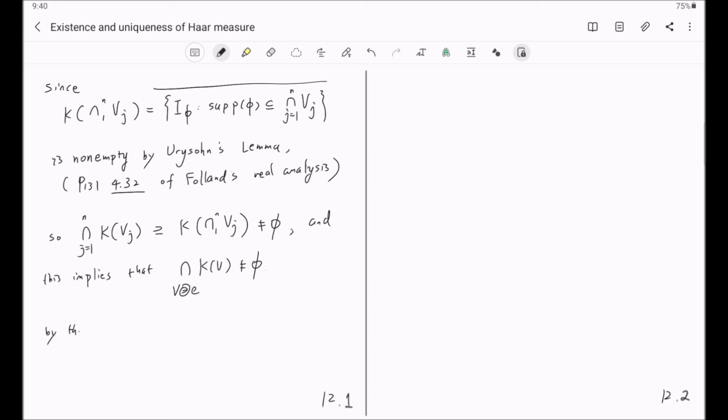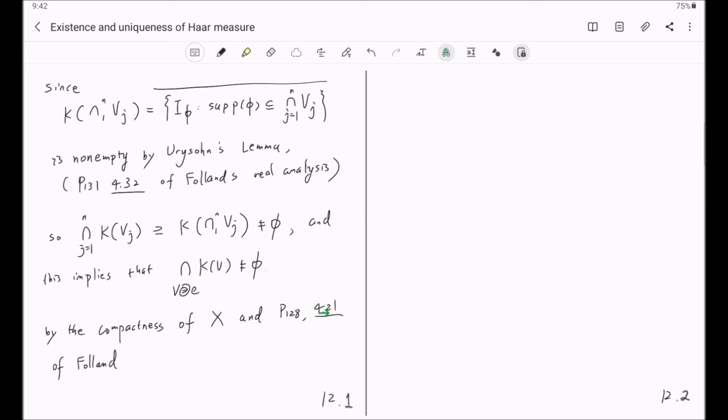by the compactness of X, and page 128, section 4.21 of Folland's Real Analysis.